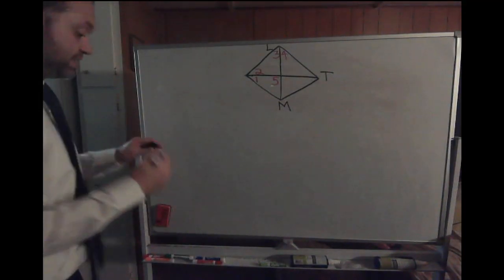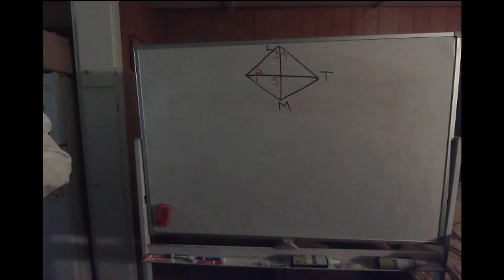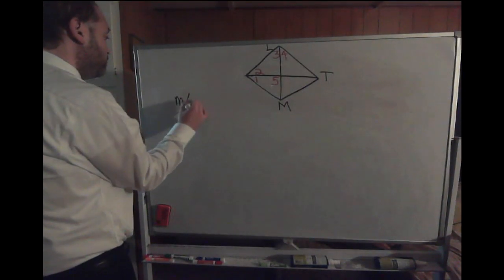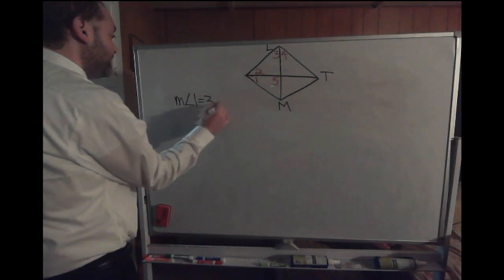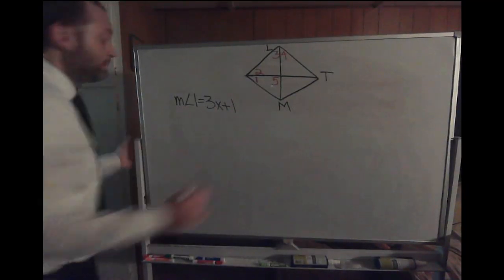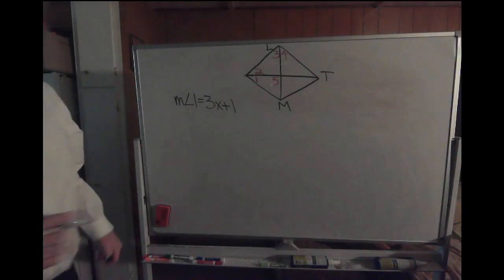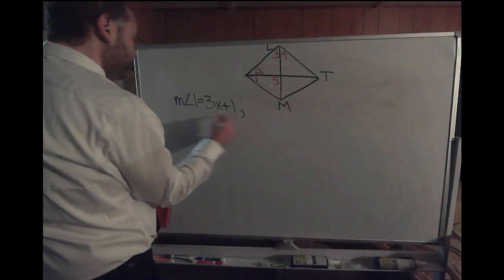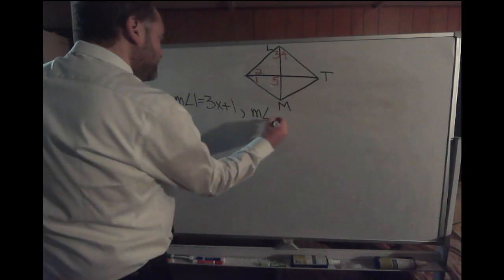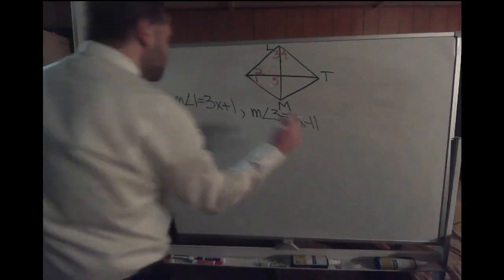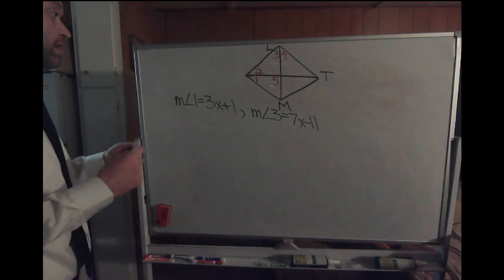Okay, so what's the last one on rhombuses? The measure of angle 1 equals 3x plus 1. Boy, they sure love that the measure of angle 3 equals 7x minus 11. They sure want to keep that.